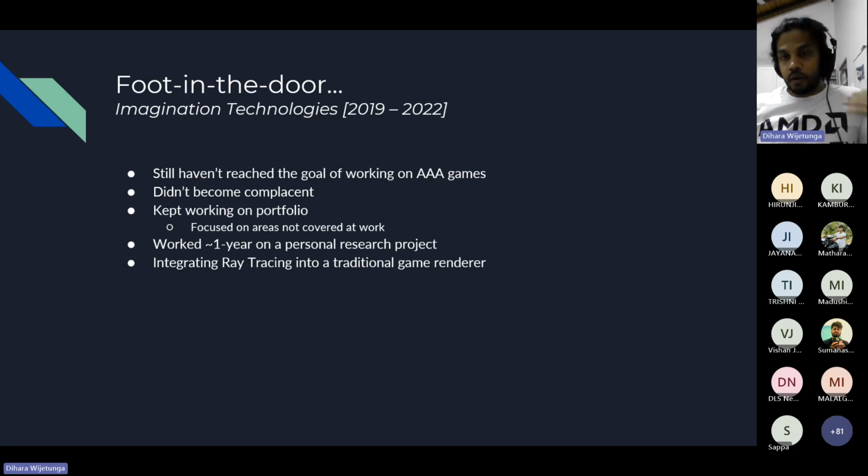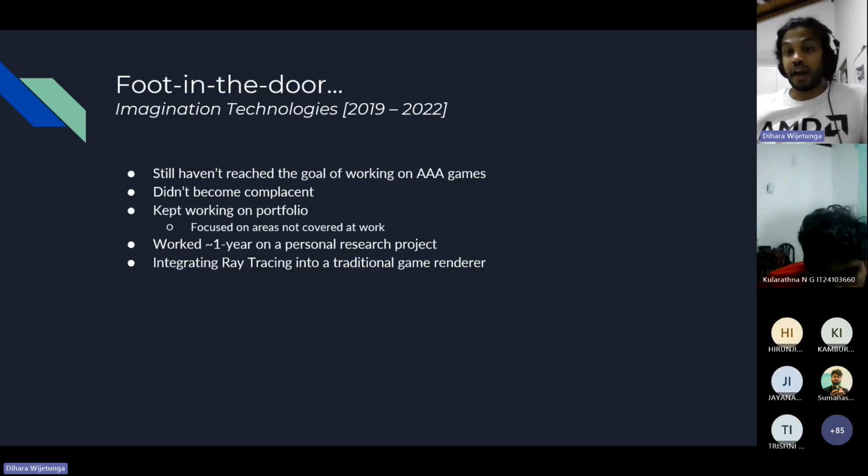So I didn't really become complacent. I kept working on my portfolio even after I joined this company. I tried to focus on areas that I didn't touch at work, so different areas of graphics. For example, I focused at home more on high-end graphics techniques, because at work we work on efficient graphics, power efficient chips for phones.